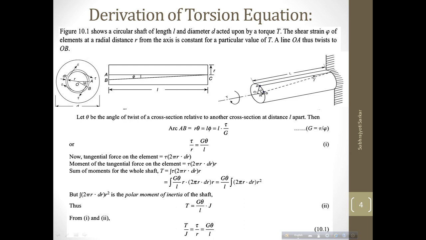If you look here, AB is the arc, and if you fix the point C, then CA or CB are the radius, obviously. So here also arc AB is equal to the length of the shaft into phi.